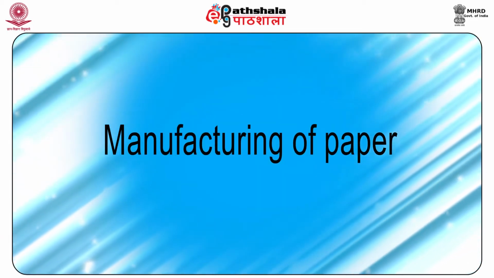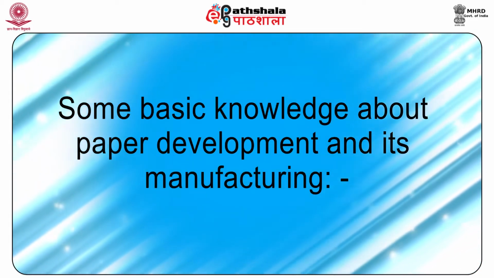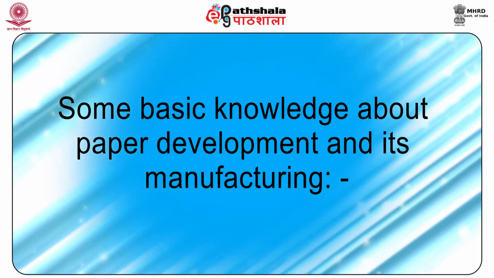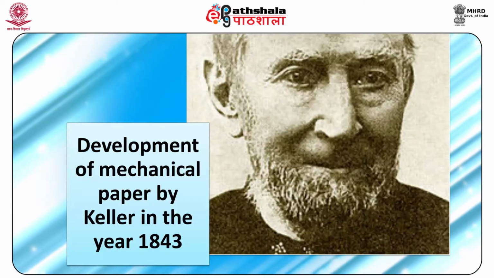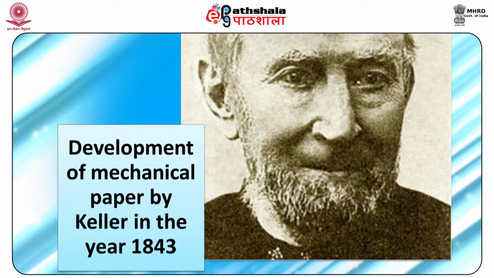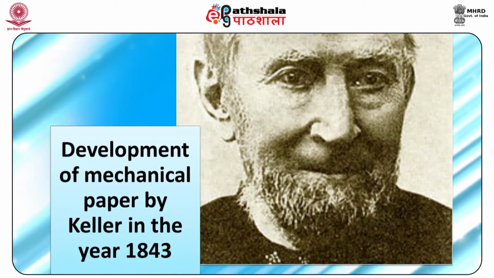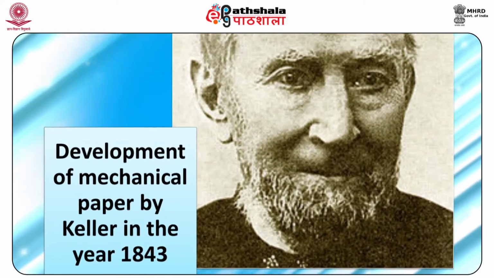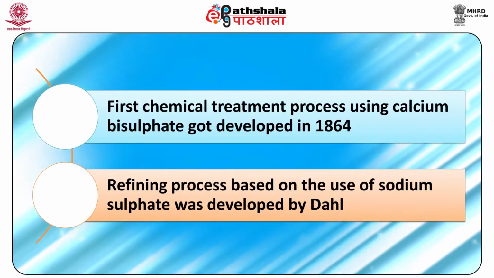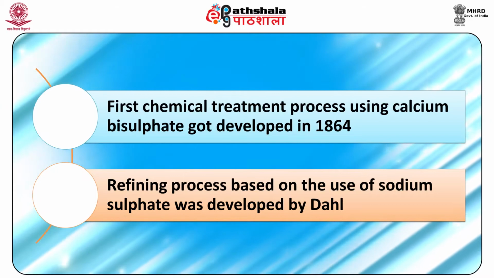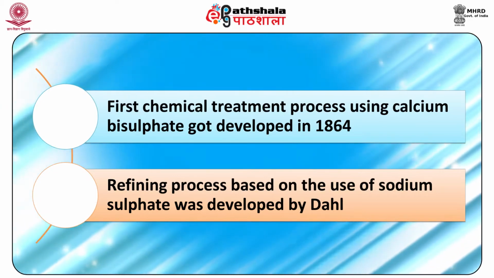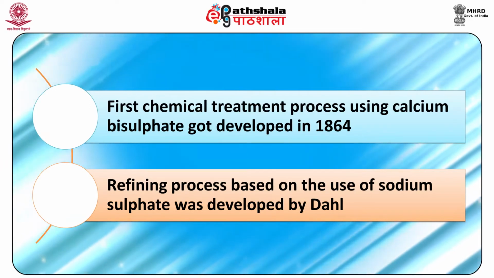Manufacturing of paper. Some basic knowledge about paper development and its manufacturing. The development of mechanical paper by Keller in the year 1843 made paper production easier. The first chemical treatment process using calcium bisulfite was developed in 1864.